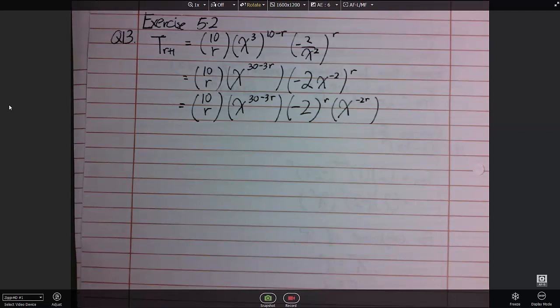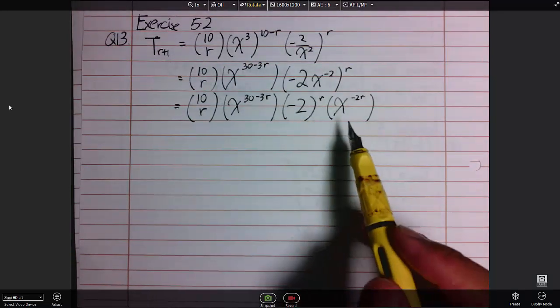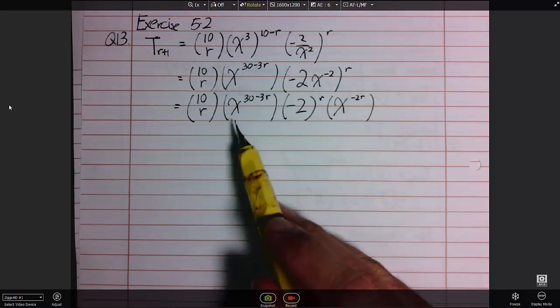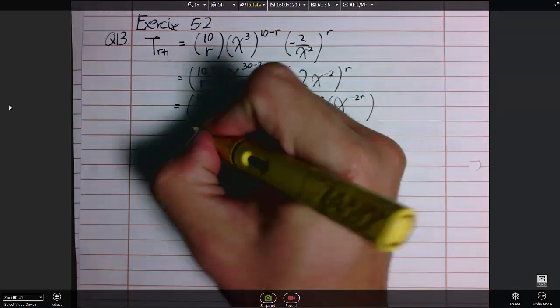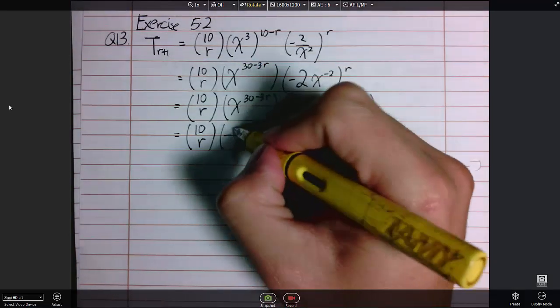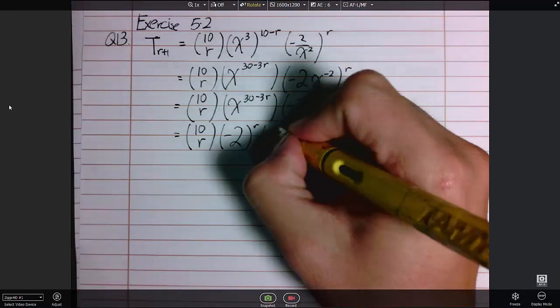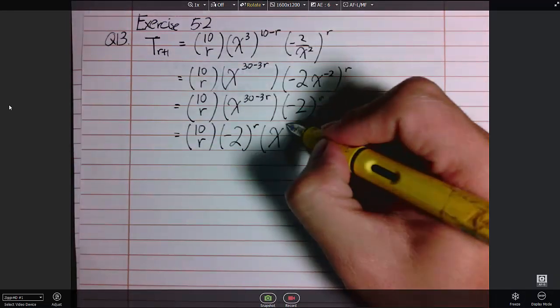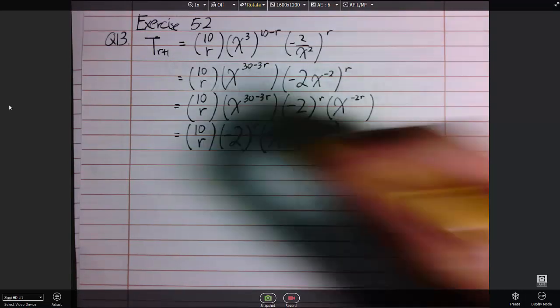If we remember from our laws of indices, a to the power of m times a to the power of n is a to the power of m plus n. So if I simplify everything, 10 choose r, negative 2 to the power of r, and x to the power of 30 minus 3r minus 2r.